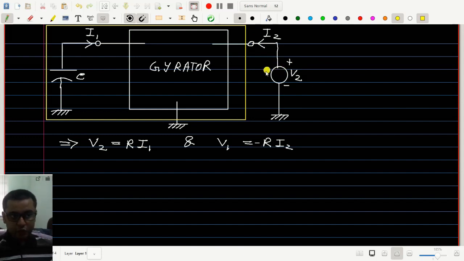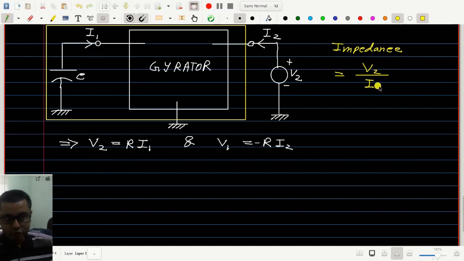For that, we have this voltage source V2, and we will measure this current I2, and then we can write the impedance as seen or measured from this port is given by this voltage V2 divided by I2.